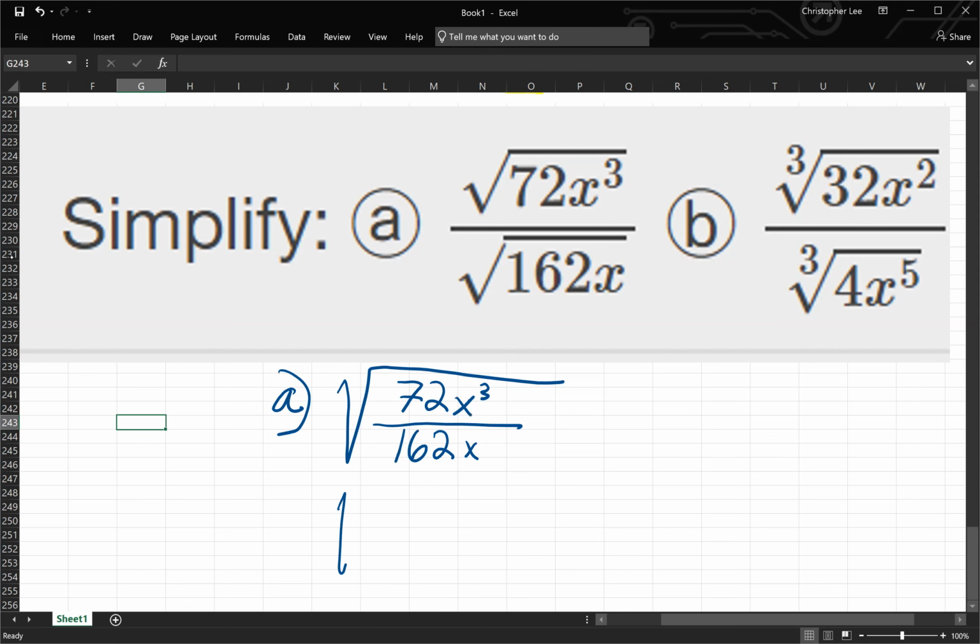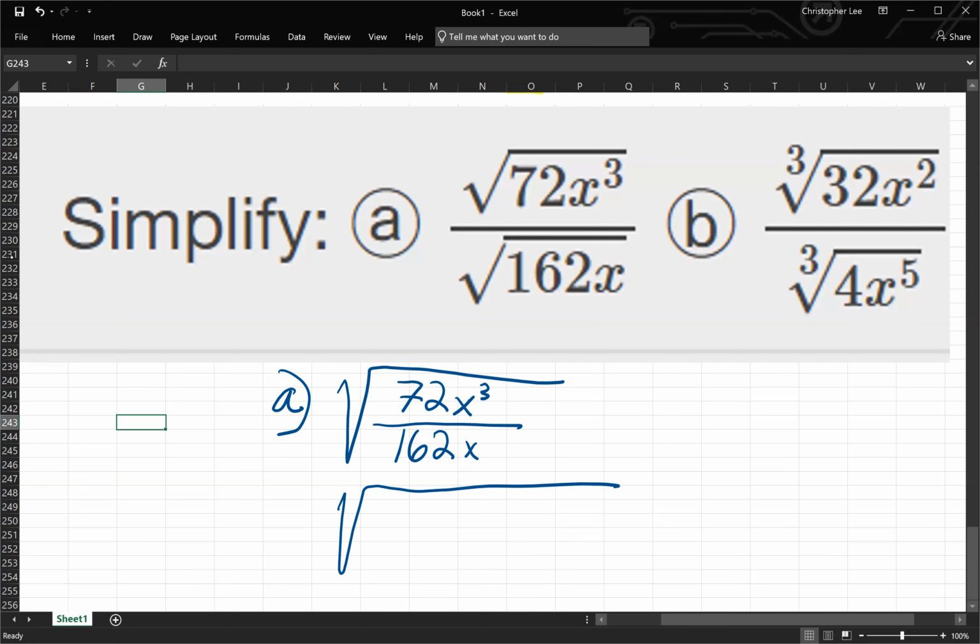So help me out. 72 over 162, what does that reduce to? It's okay if y'all don't know. Y'all could just do something simple. Y'all could chop it in two if y'all want. So let's do numbers with numbers, variables with variables, right?